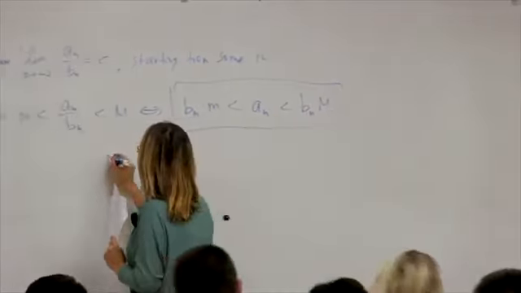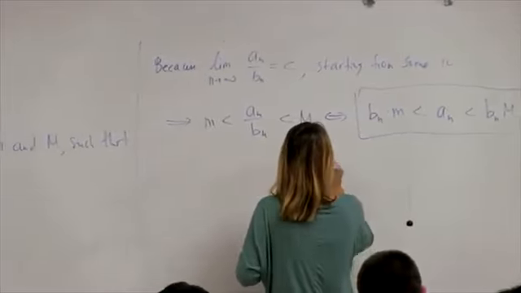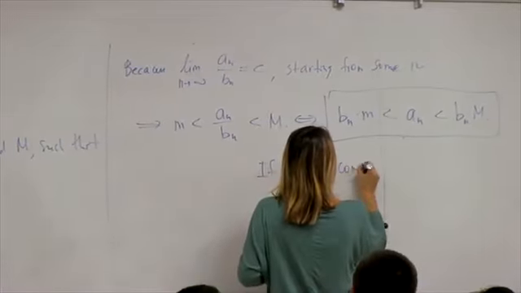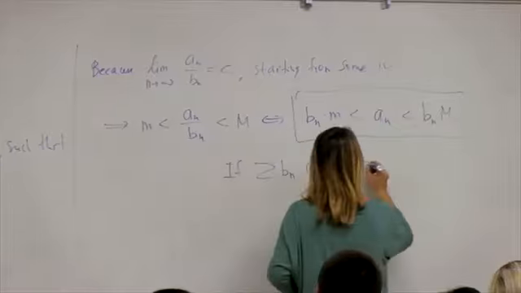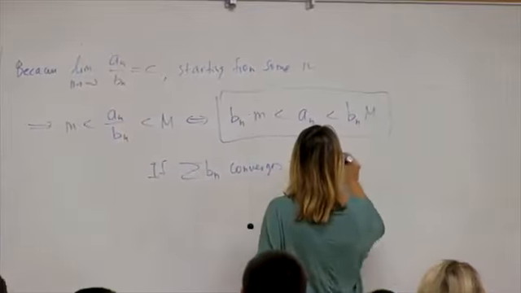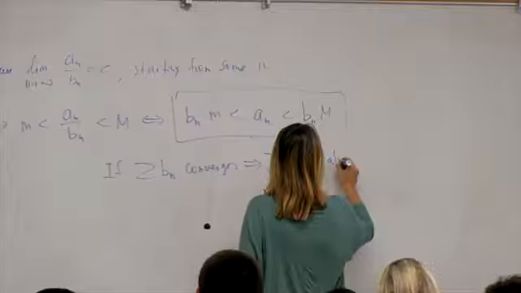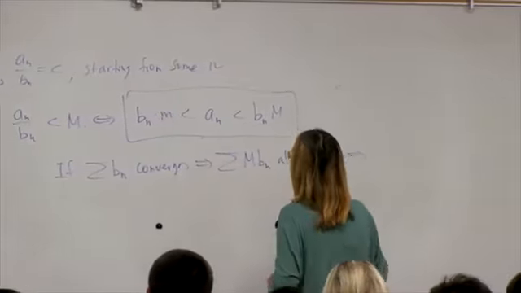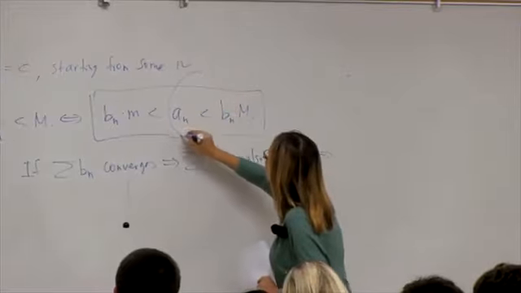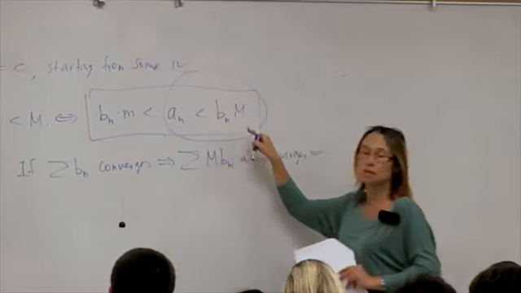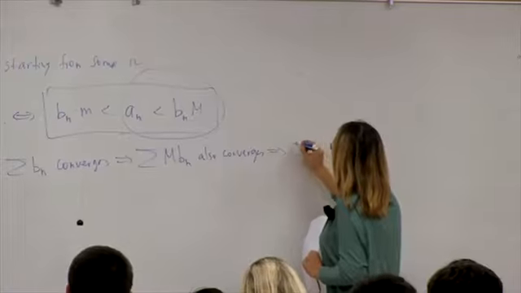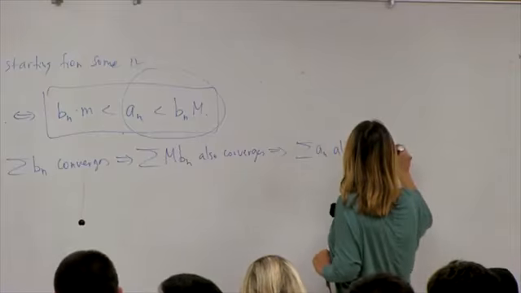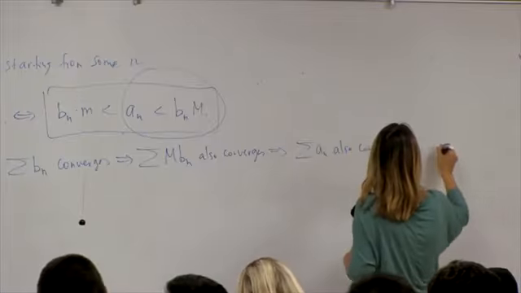So look, if bn converges, then of course M bn also converges. And then you can see that an is smaller than this. We'll look at the right-hand side. An also converges by a comparison test.